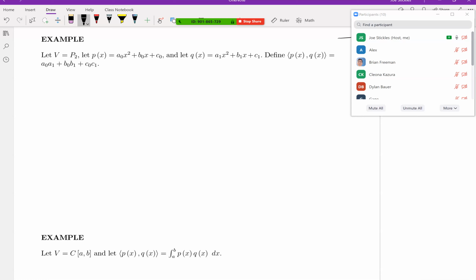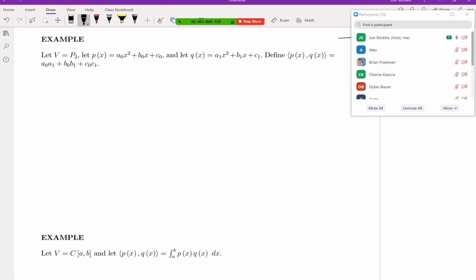You can see why this isn't going to work for an inner product, though, because notice all we're doing here is what with our inner product? We're taking the coefficients on the x squareds and multiplying them together, the coefficients on the x's and multiplying them together, and the constant coefficients, and multiplying those together.